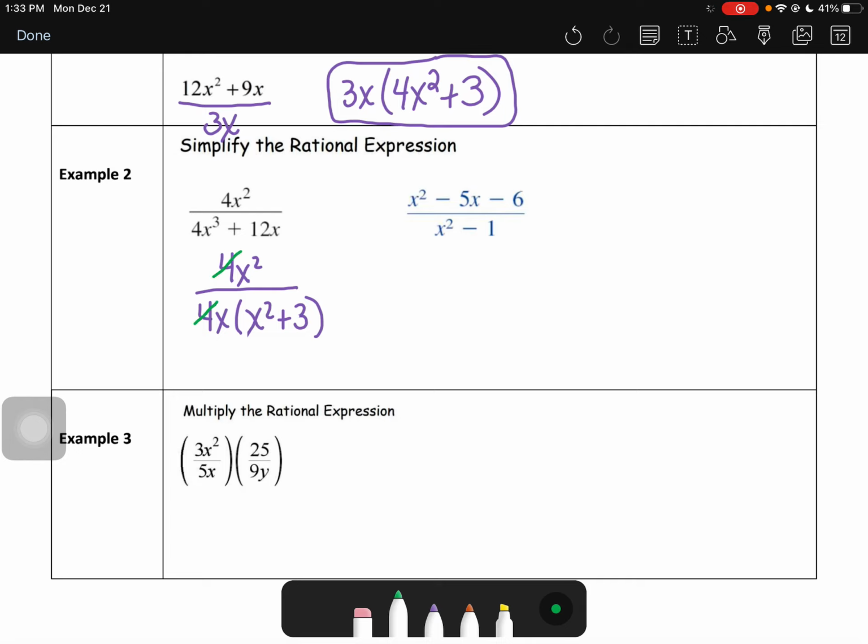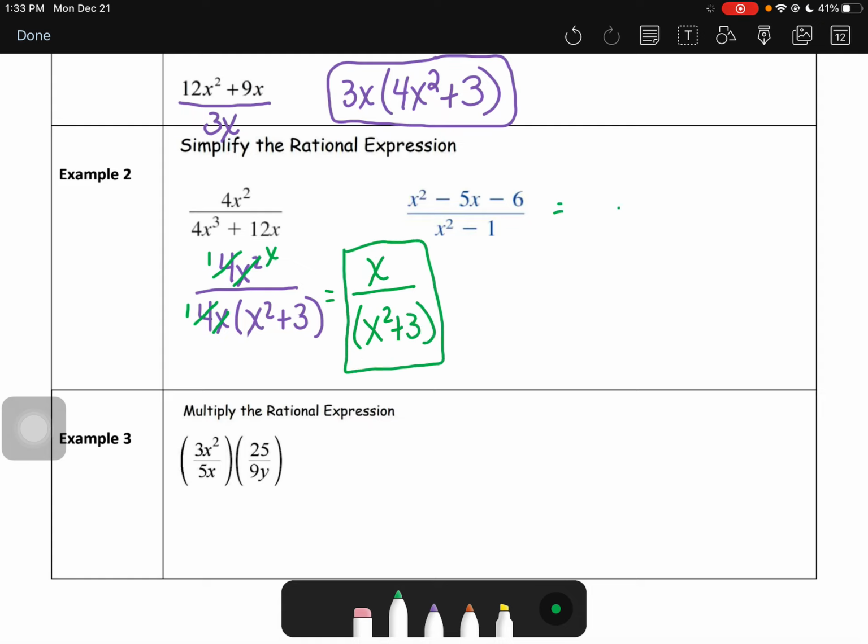So the 4's we can simplify. 4 divided by 4 is 1, and 4 divided by 4 is 1. And then we have an x and an x squared, which means we have an x left over. So our final answer is going to be x over x squared plus 3.